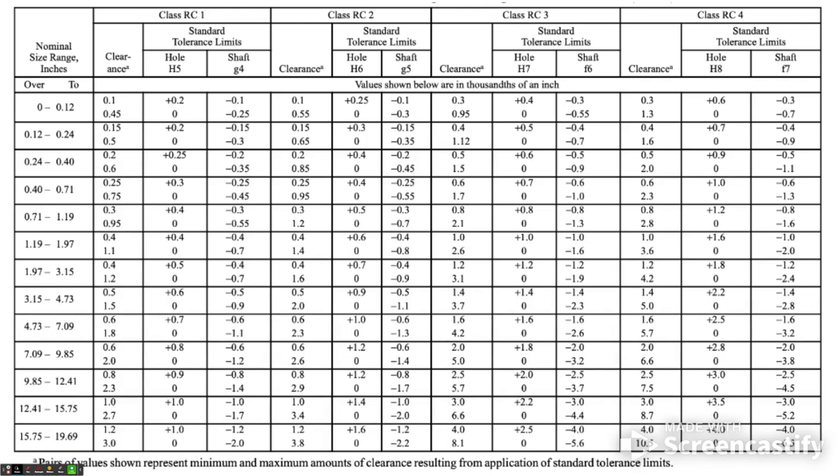And you can see how it's broken up into different classes: a class RC1, a class RC2, a class RC3, class RC4. And when we're talking about the size, you'll see the nominal size range over here. So you will come down and find where your size falls in. Now, this is inches, so this is the US customary system.